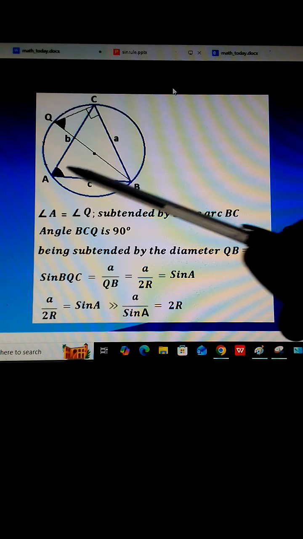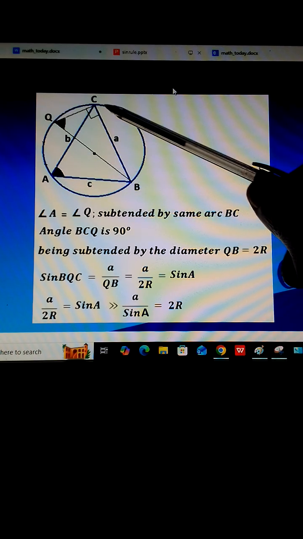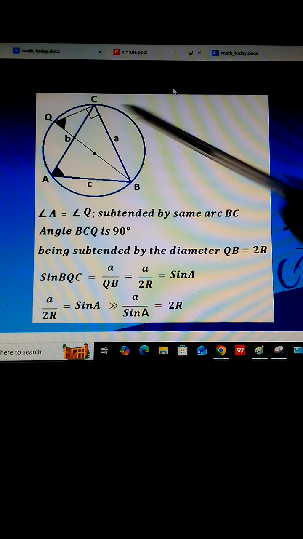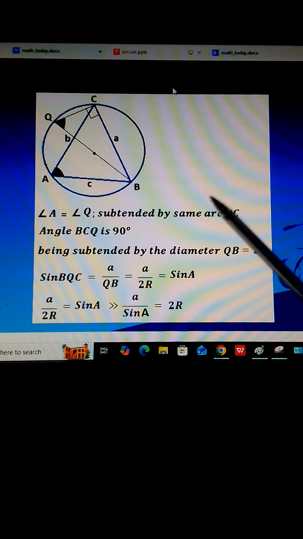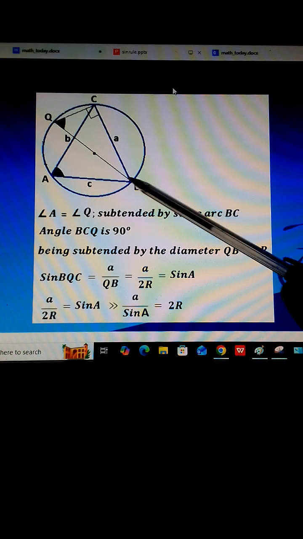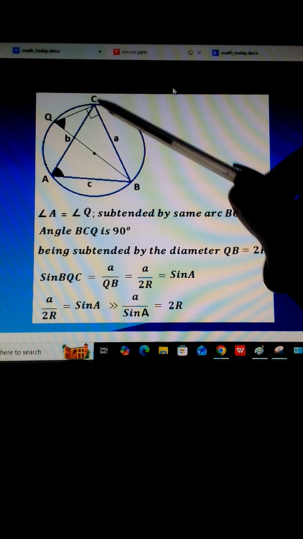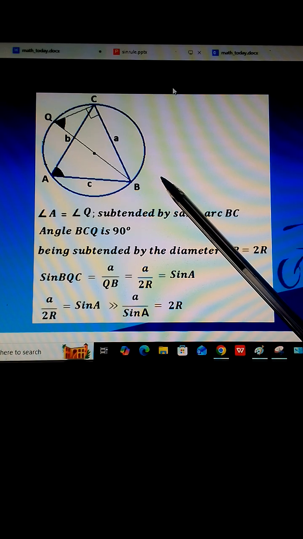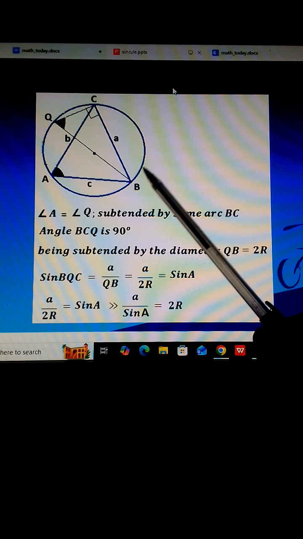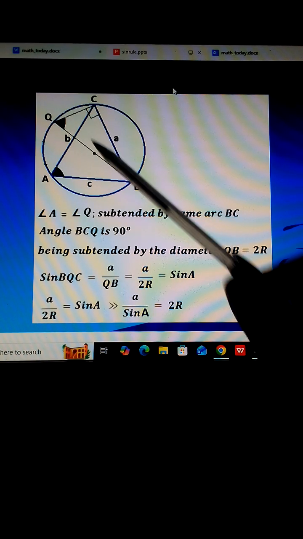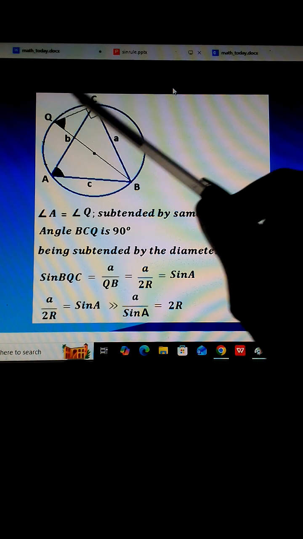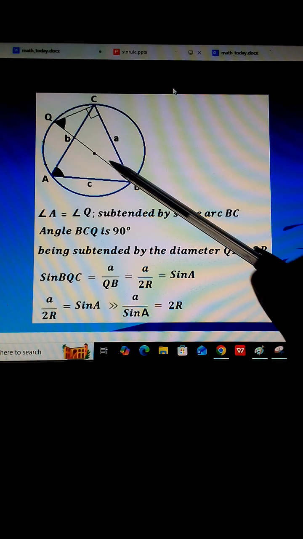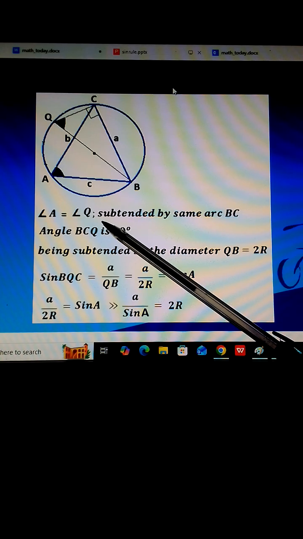Let us consider triangle ABC inscribed in this circle, with angles A, B, and C and sides a, b, and c. Let us draw a line from B to a point Q such that the line goes through the center of the circle.